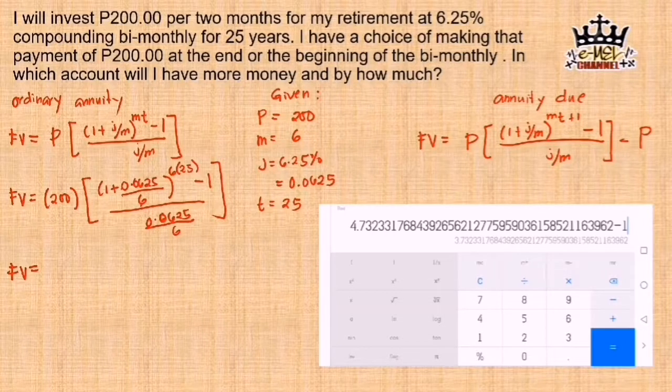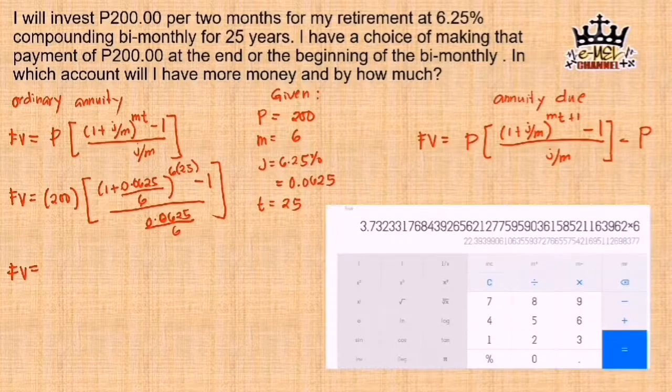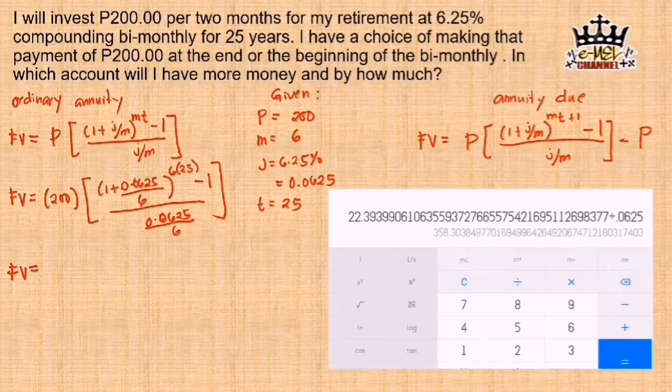Now, instead of dividing, we're going to multiply. In short, you reciprocate the denominator and proceed to multiplication. The result must be multiplied by 6. Then we have the product of 22.39 and so on. Then divide by 0.0625. The answer is 358.3038 and so on.